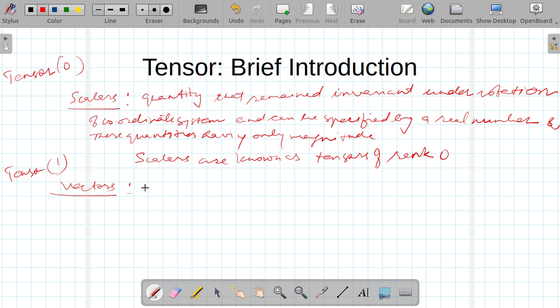Now let us talk about vectors. These are the quantities having both magnitude and direction, and these are also known as tensors of rank 1.